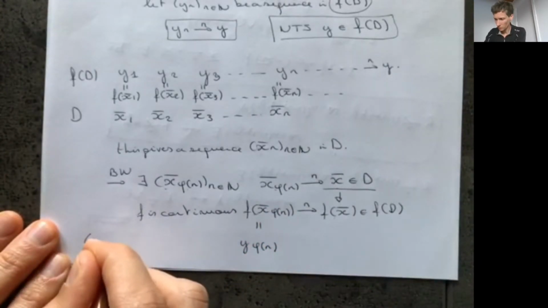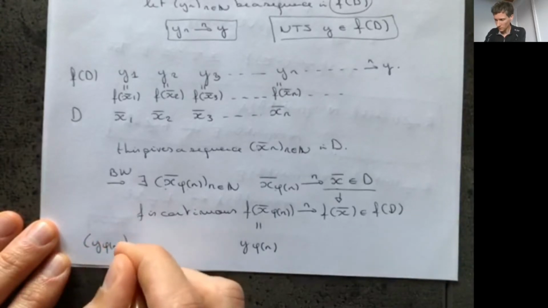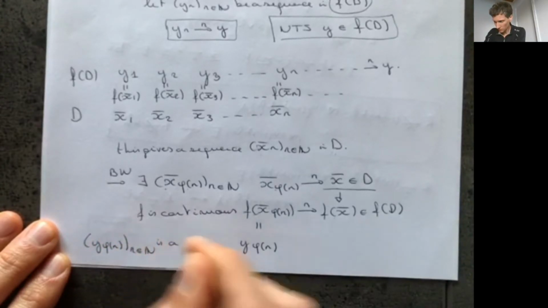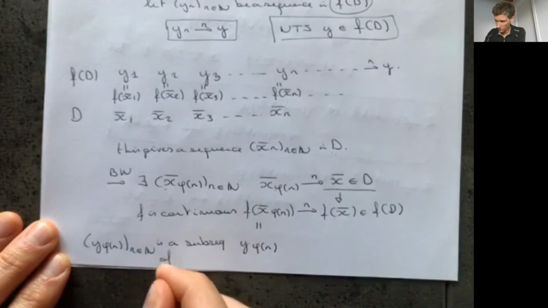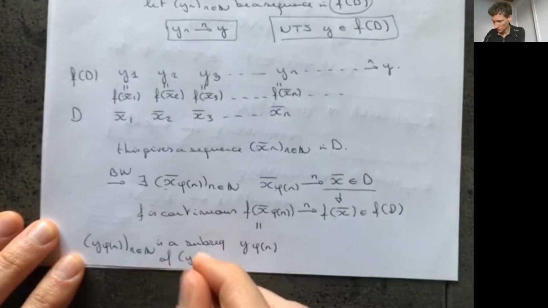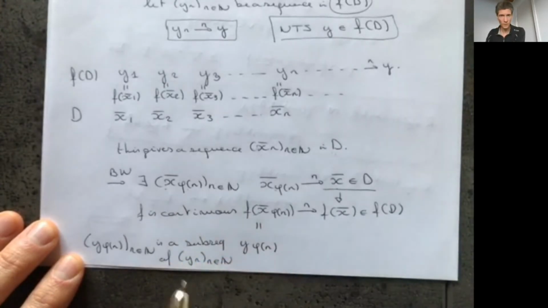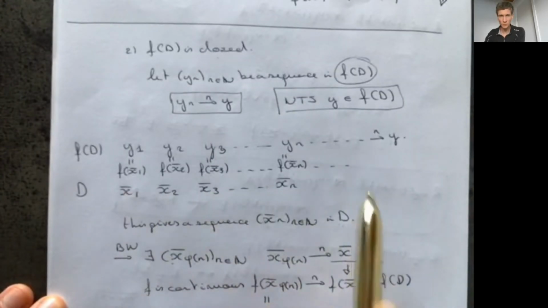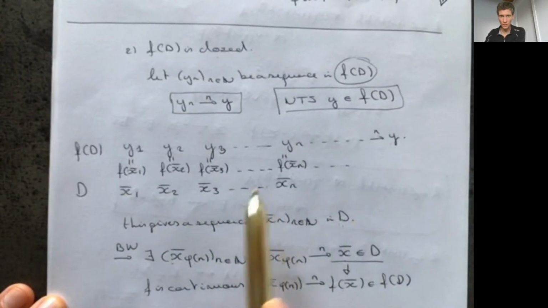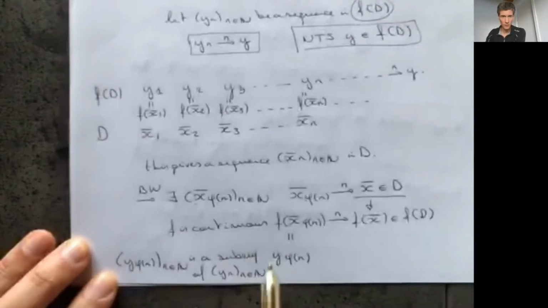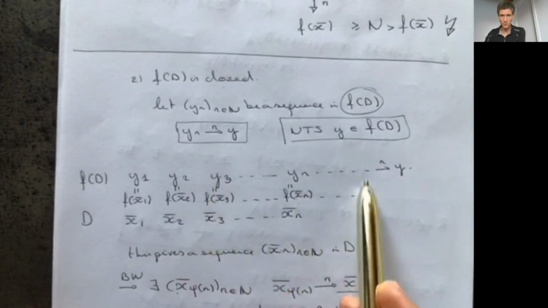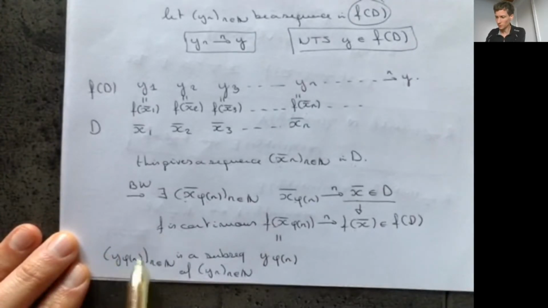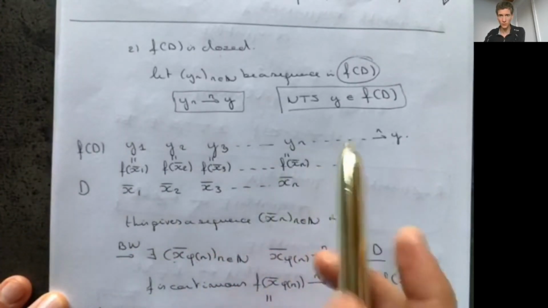Okay, so y_phi(n) is a subsequence of y_n. Here we had a sequence of x's. We restricted the sequence to a subsequence. This phi(n) looks at the corresponding y's that are associated with this subsequence of x's. And if you do this, we get a subsequence of the sequence of y's.